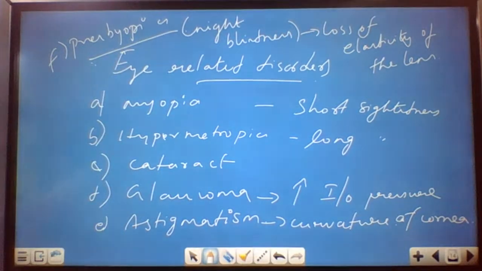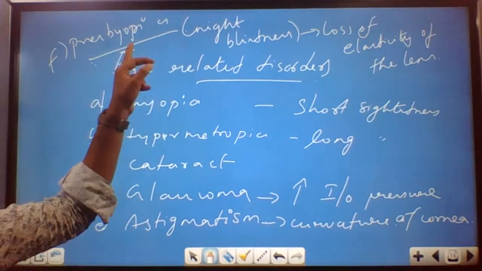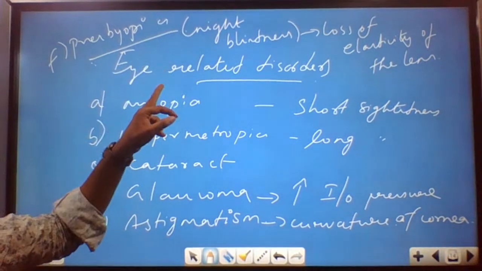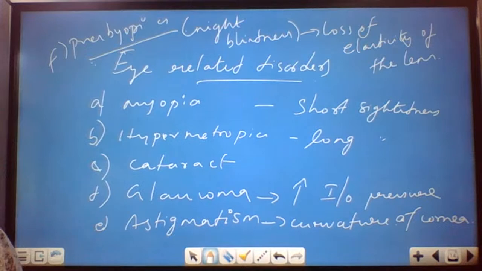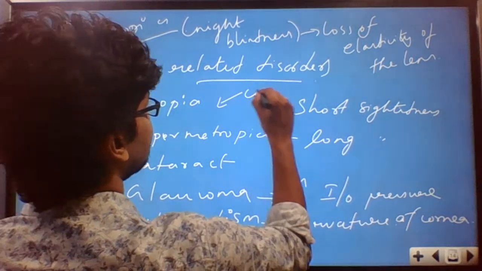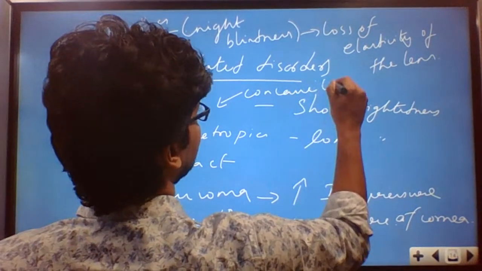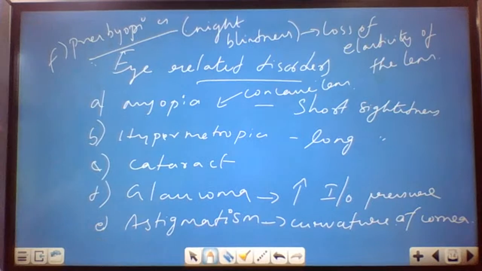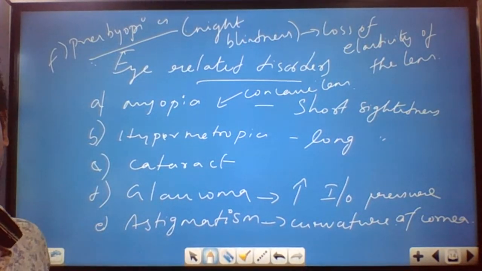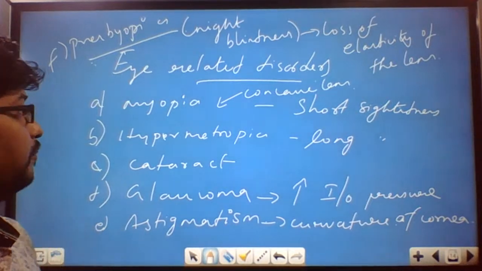This loss of elasticity of the lens leads to the condition called presbyopia. For myopia, doctors advise a concave lens. The vice versa is the case of hypermetropia, where you use a convex lens, and a bifocal lens, convex, for presbyopia.